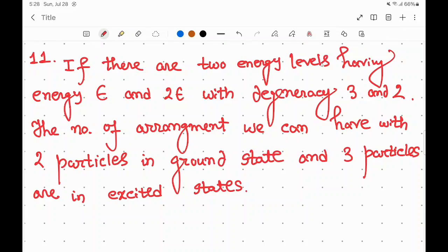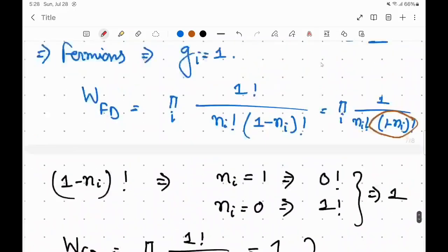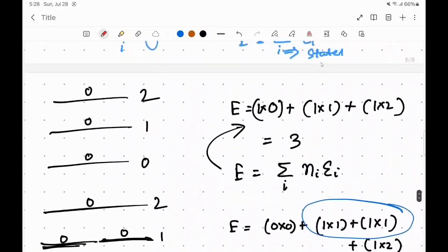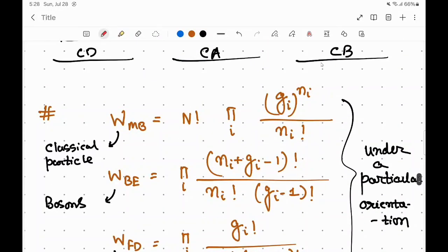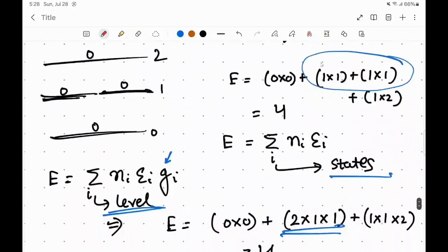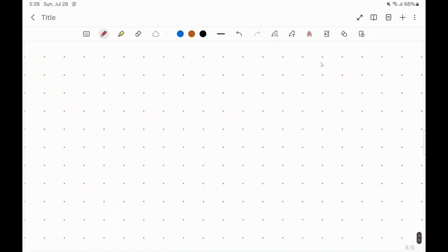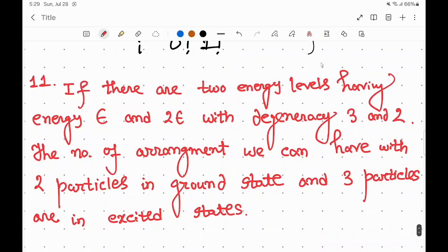Now you have to use the formula. Okay, let me do it.